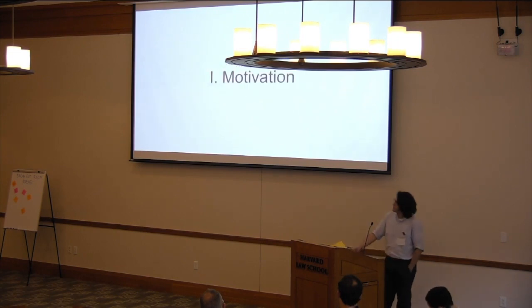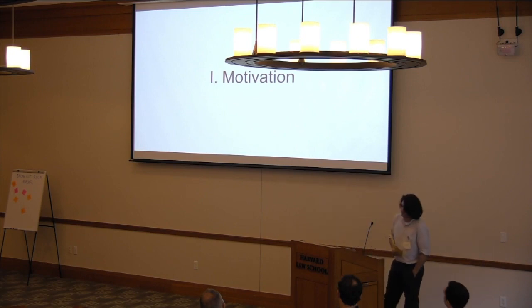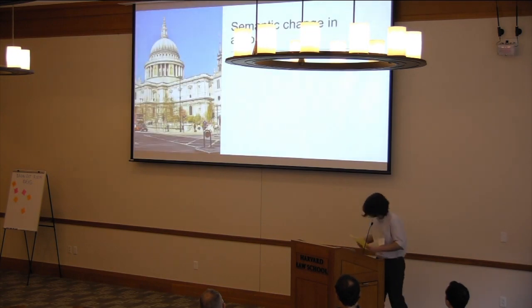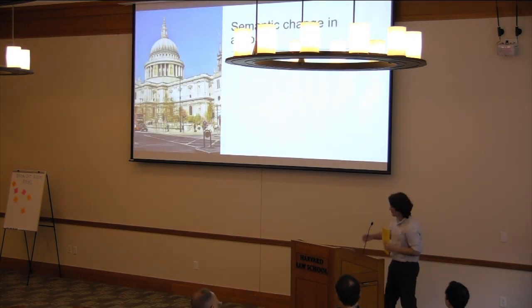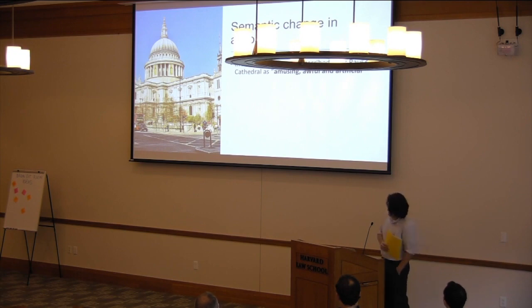So, historical semantic change has been described by Crowley and Bowen in their book on historical linguistics as one of the least well understood topics in linguistics. Of course, to illustrate this point, let's think of the famous anecdotes from this domain. Now, in the 1670s, King James of England, apparently, when he saw this beautiful cathedral, he said that it's amusing, awful, and artificial.